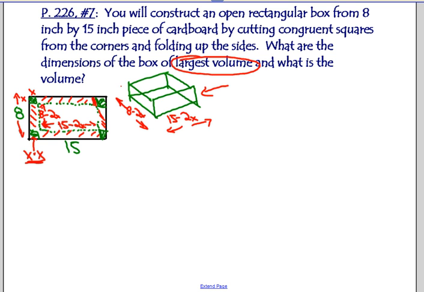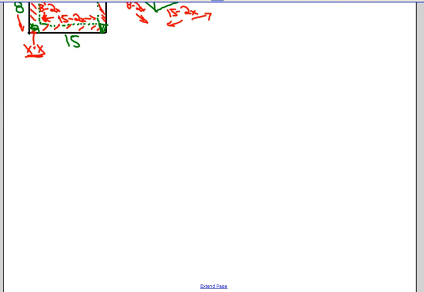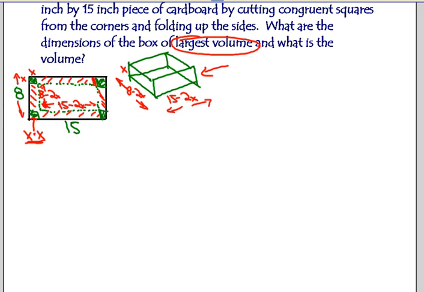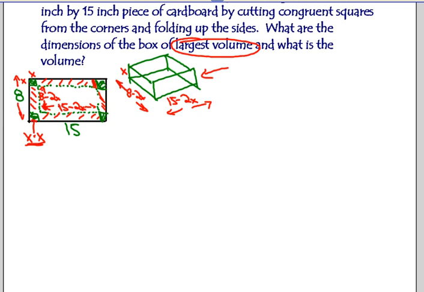The height of that box is x. So if you've got this picture in mind, this problem is not difficult to do. We know the volume of a box. It's length times width times height. So let's get the volume. Volume would be 8 minus 2x times 15 minus 2x times x.